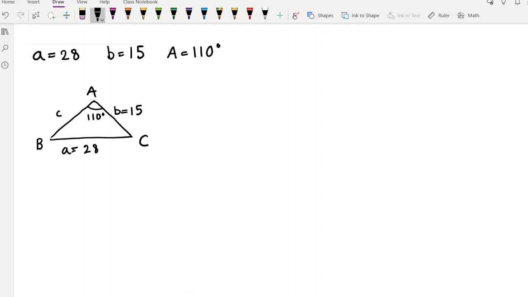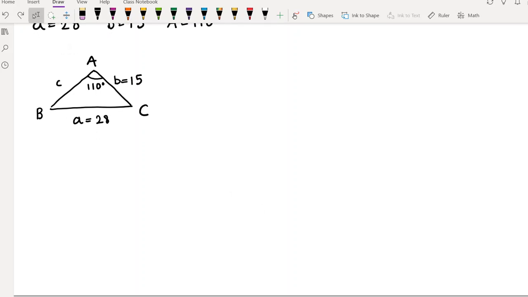So just like the last one, this fits that format of being side-side-angle, right? Because we're given a side, we're given another side, and we're given an angle that is not between the two sides. Okay, so let's go through the same process we did in the last one.